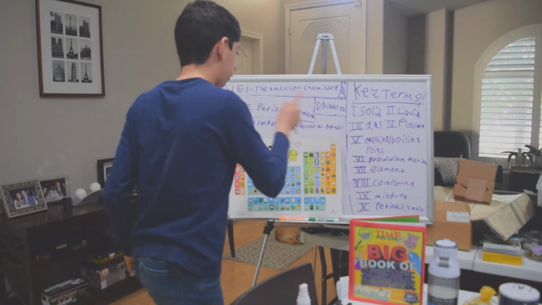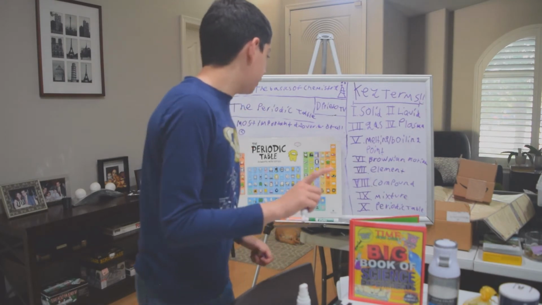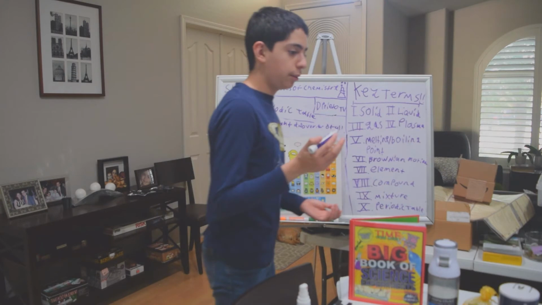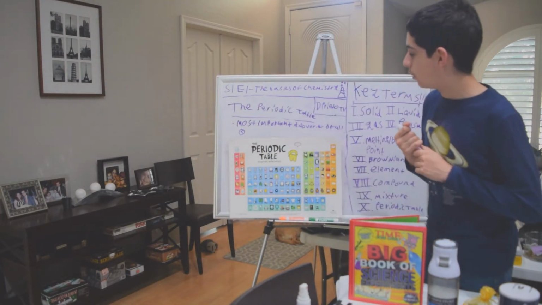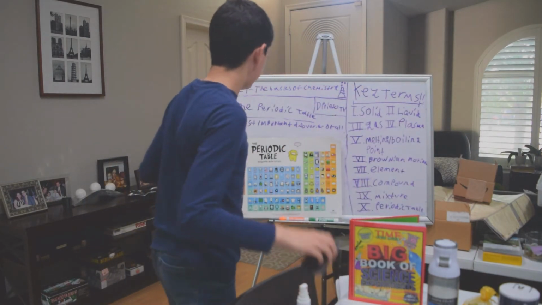They move from left to right based on their atomic number, which we learned is the number of protons in the nucleus of the atom. I'm going to tell you what their uses are and what the categories are. So the first category, let me see if I can spell it here.